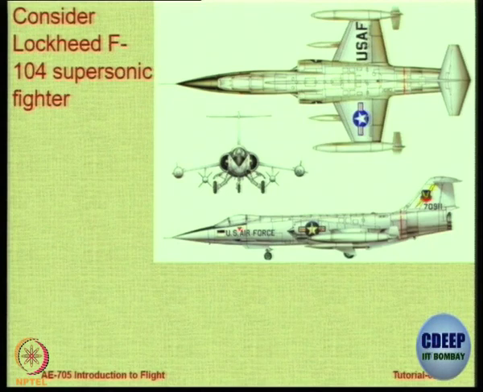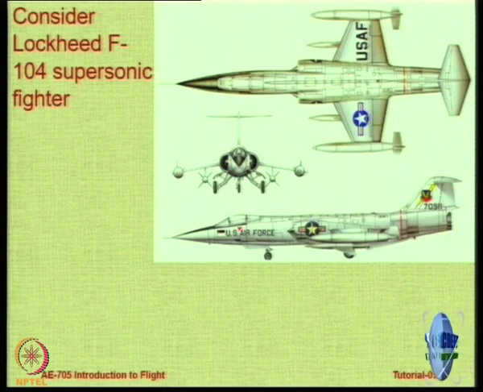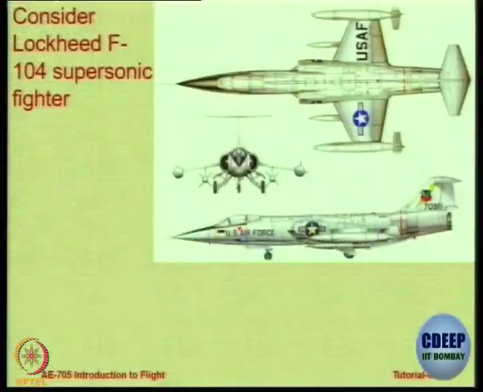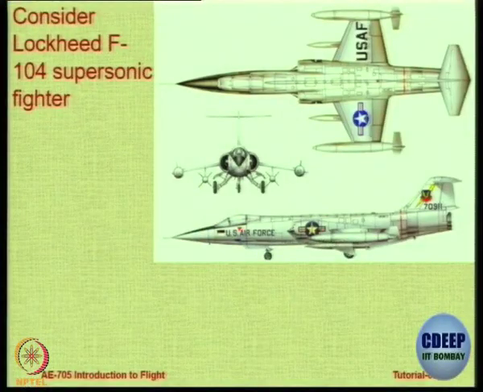First of all, by the look of the aircraft, what can you say? What are the features that you see? As far as wave drag is concerned, what kind of features do you see? Can you call this a swept back aircraft? Yes or no? No, the answer is no. How do you measure sweep?